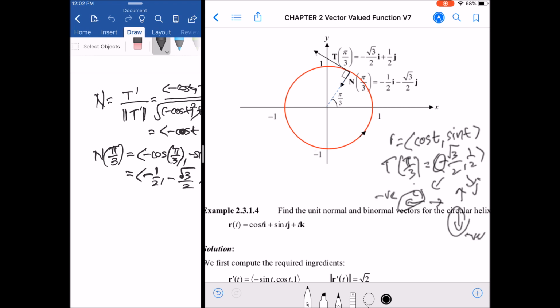The unit tangent vector shows the values of negative square root 3 over 2 and 1 over 2, meaning we have a negative direction for the x-axis and a positive direction for the y-axis.